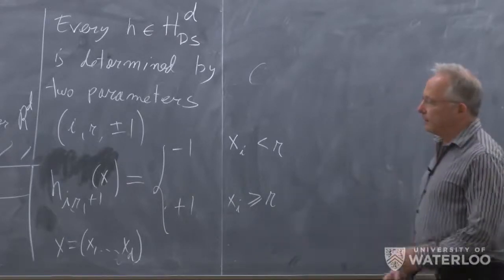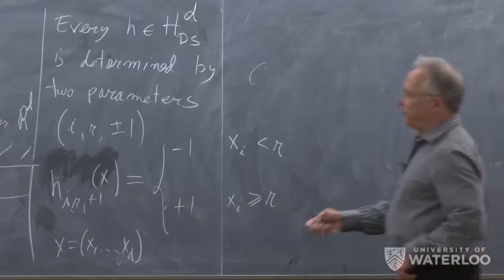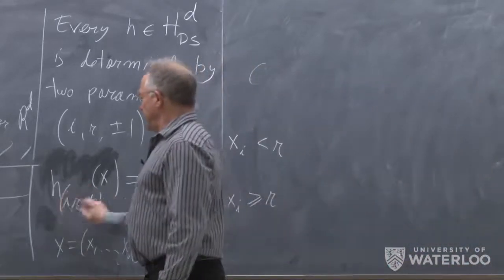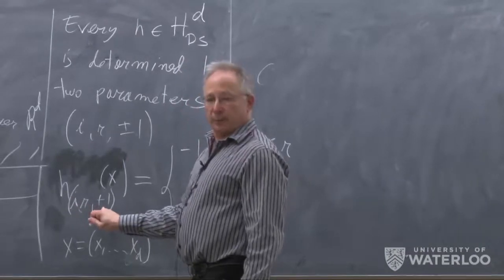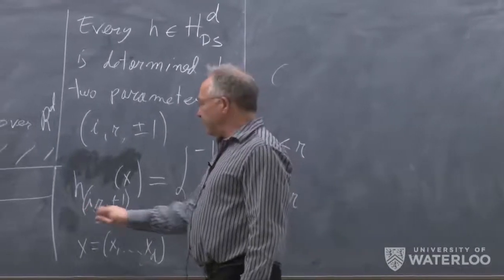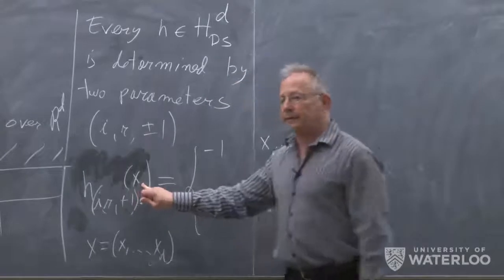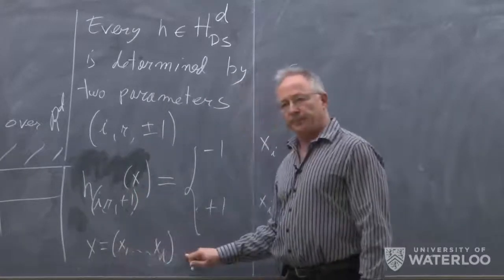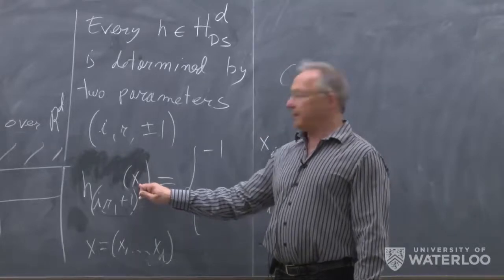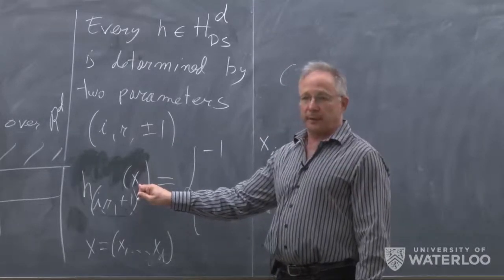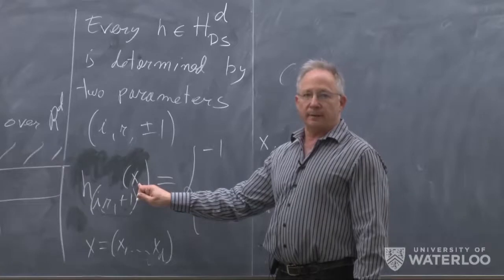Again, I have a classifier which is determined by three parameters, i, r, and either plus 1 or minus 1. This classifier, when applied to a point x, should give us a label, either minus 1 or plus 1. How will it determine the label?